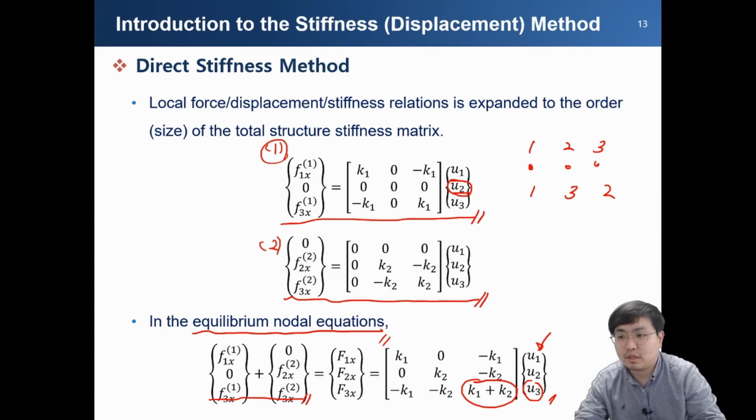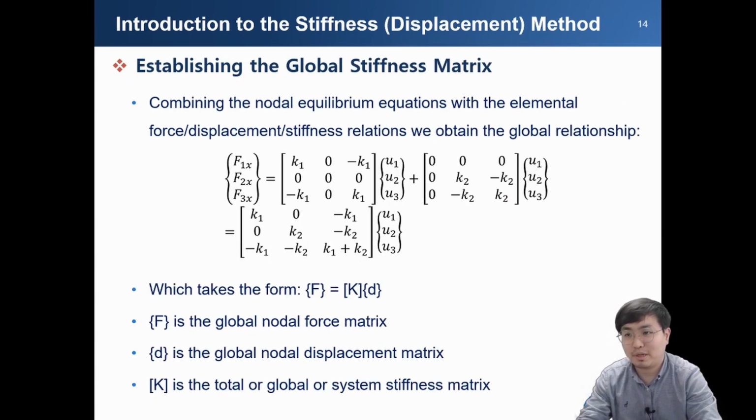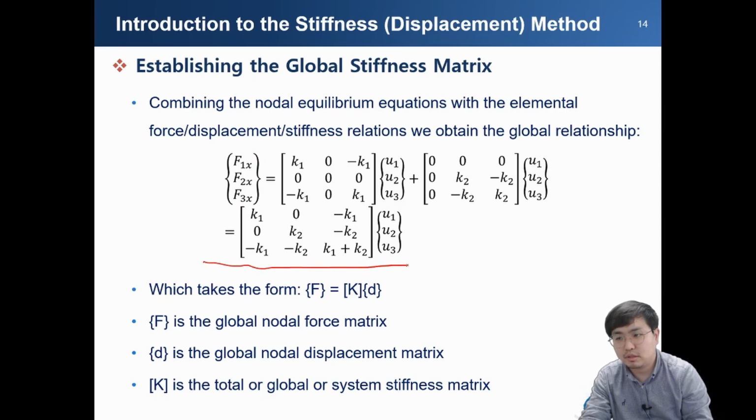However, in this way you can easily combine the global stiffness equation from the local stiffness equation. This way is the direct stiffness method. I think it's very simple. So the final result looks like this here.